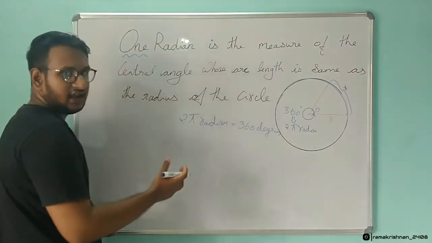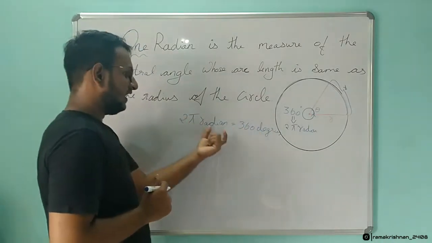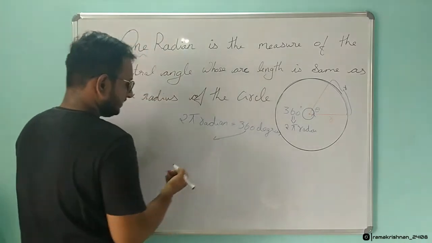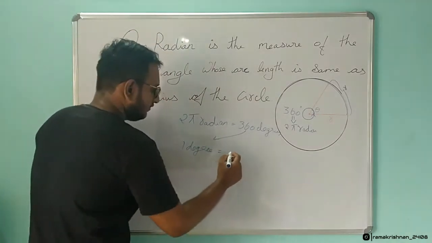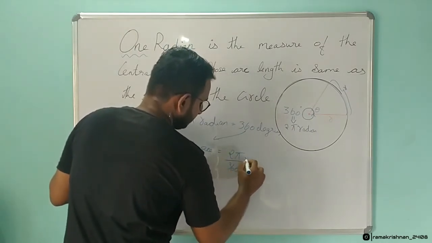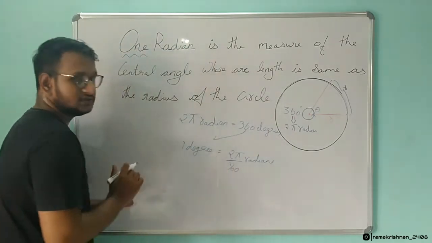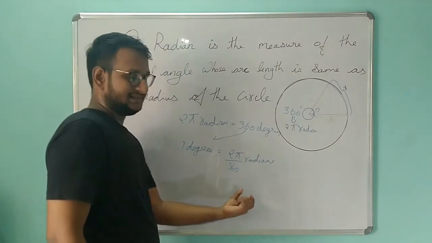So from this we can find the radian value of 1 degree: if we take 360 to this side, 1 degree will be 2 pi by 360 radian. Does this make sense? So 1 degree is equal to 2 pi by 360 radian.